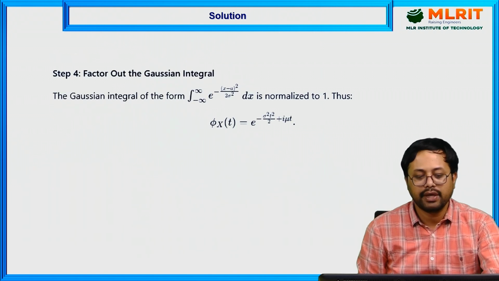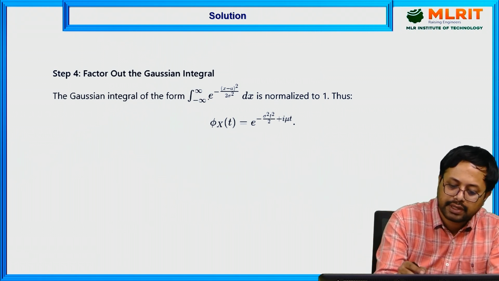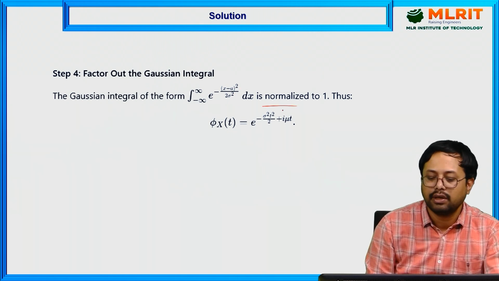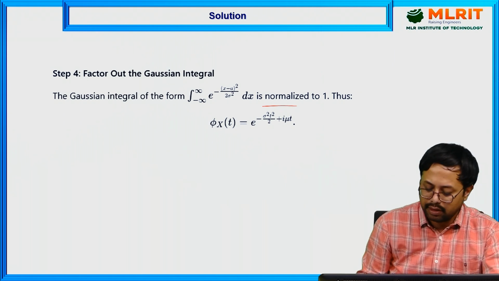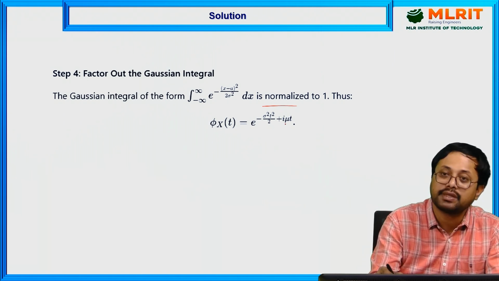Then the integration from minus infinity to infinity of e power minus (x minus mu) whole square by 2 sigma square dx normalizes to 1. Then you get the resultant e power minus sigma square t square by 2 plus i mu t.